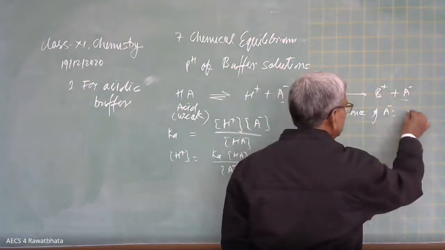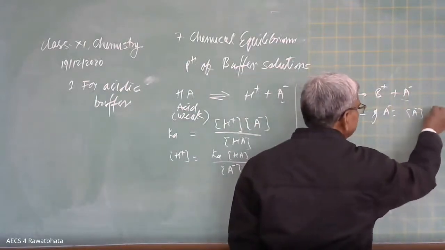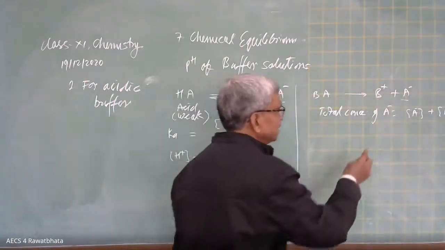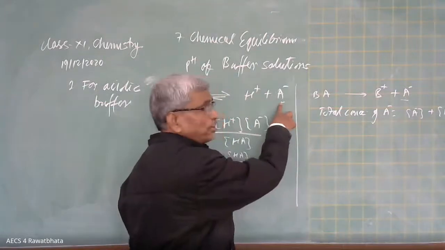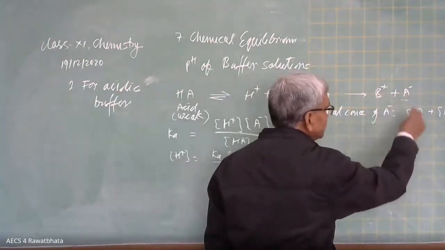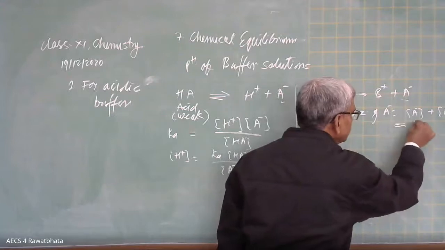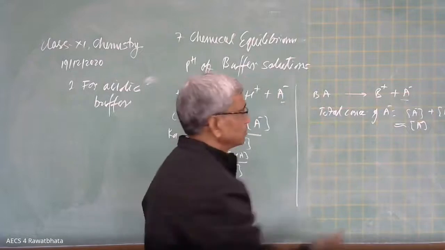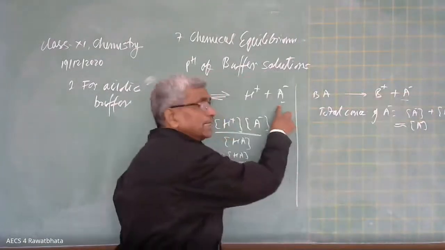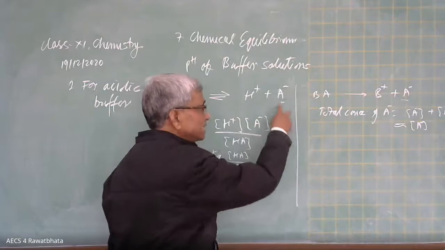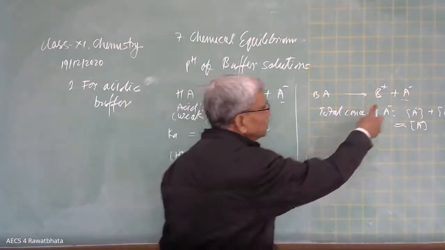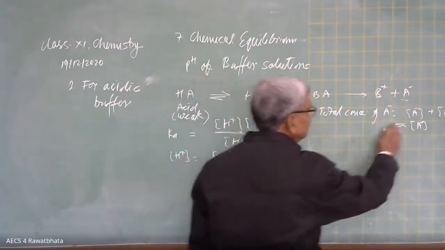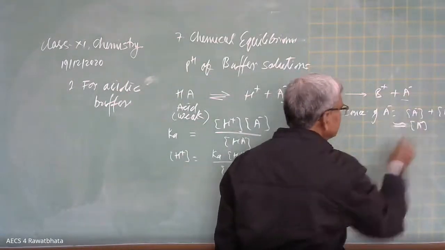The concentration from the acid is too small compared to the concentration given by the salt, so it is approximately equal to the molar concentration of A minus obtained from the salt. That's why it is taken like this.